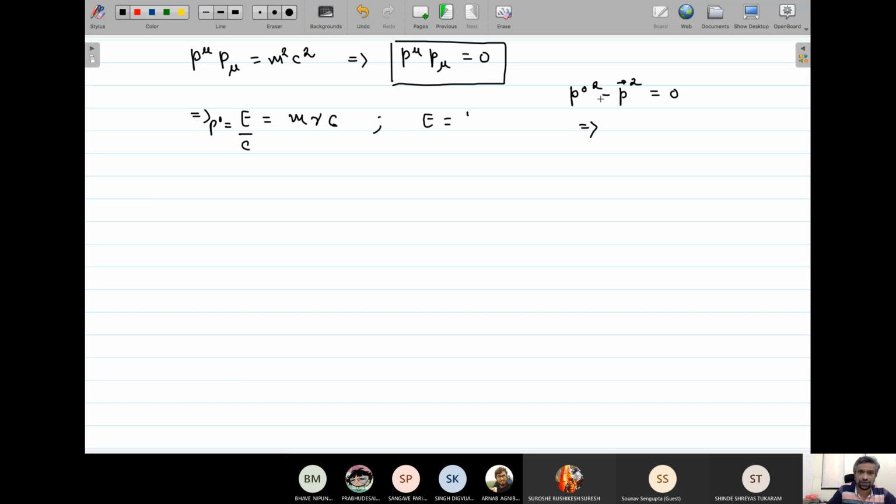So p0 square equals vector p square. So the magnitude of p0 is basically the magnitude of vector p. But what is p0? p0 is E by c. So E equals c times the magnitude of vector p. That's it. This is how, for a massless particle, your energy and momentum are related. Clear?